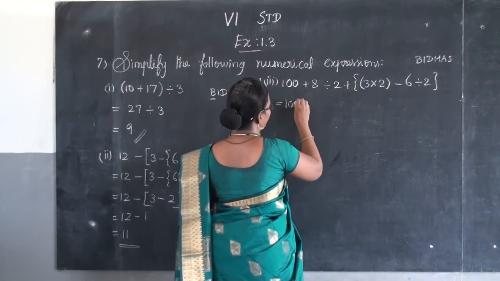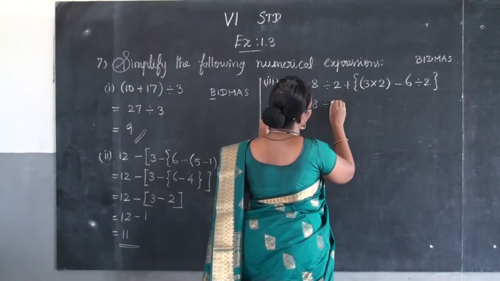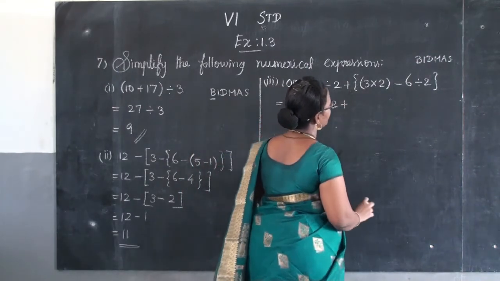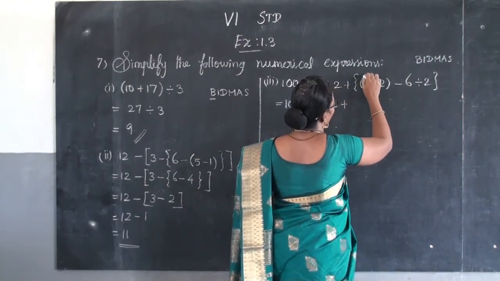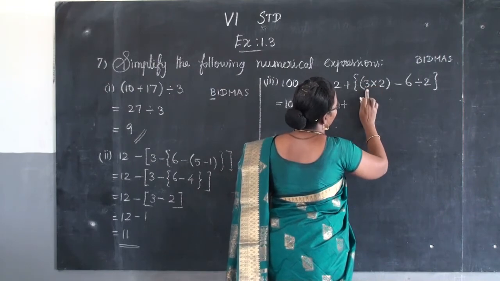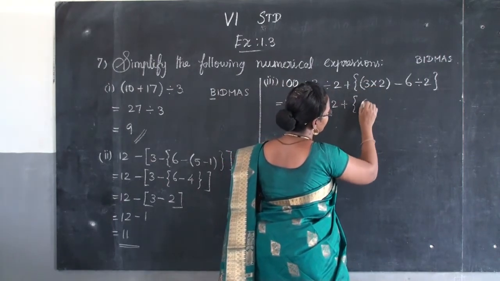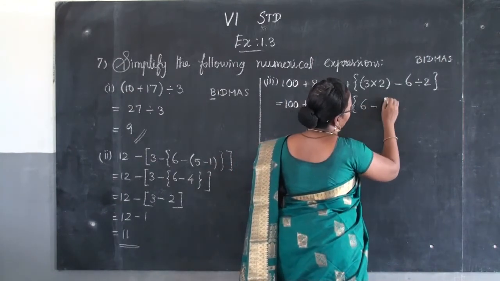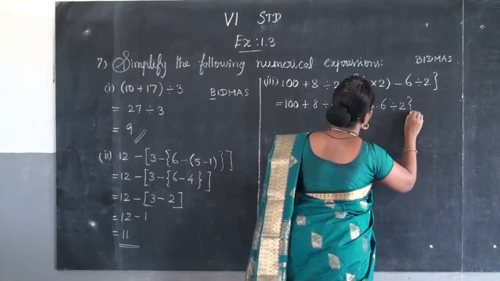So 100 plus 8 divided by 2 plus inside the set bracket. Now here also one bracket is there. So solve that first. 3 into 2, 6, minus 6 divided by 2.